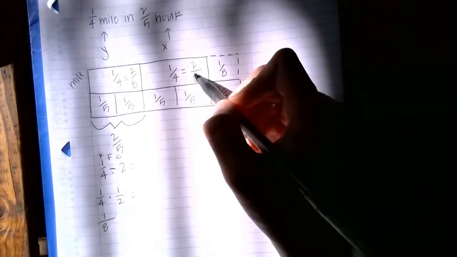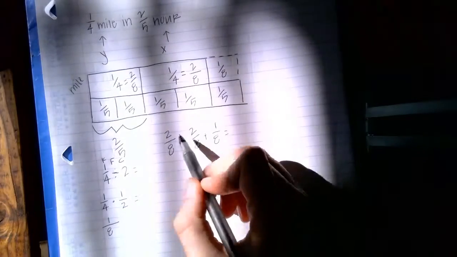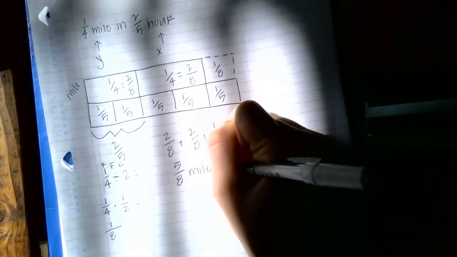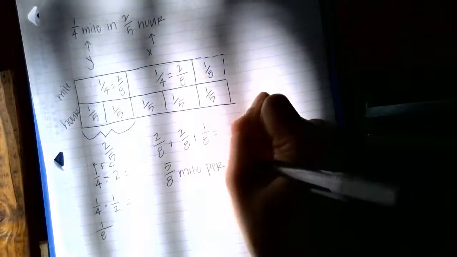So 2/8 plus 2/8 plus 1/8. So remember, whenever we're adding fractions, we just add the numerators and keep the denominator the same. So I have 2, 4, 5/8 of a mile per, and this represented my hour, so per hour.